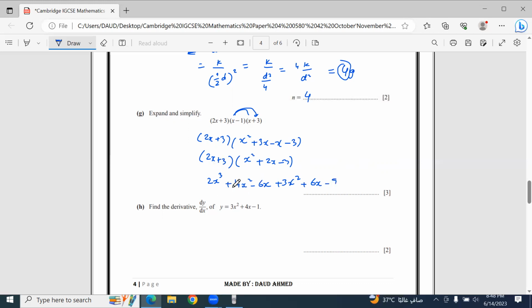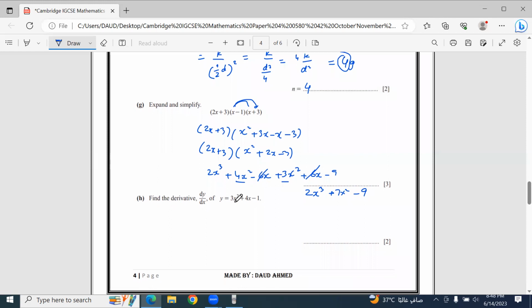And if you simplify more, it gives me 2x cube, 4x squared plus 3x squared, that gives us 7x squared, and plus 6x and minus 6x cancel, and lastly we have minus 9. This is the simplest form of that one.